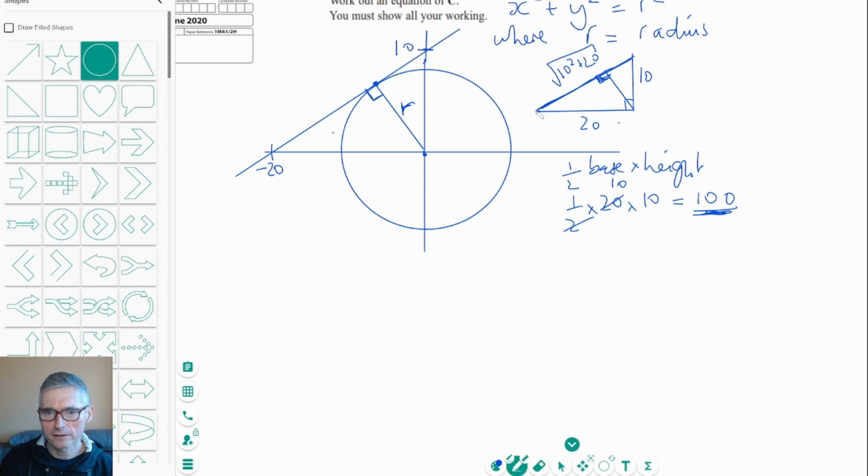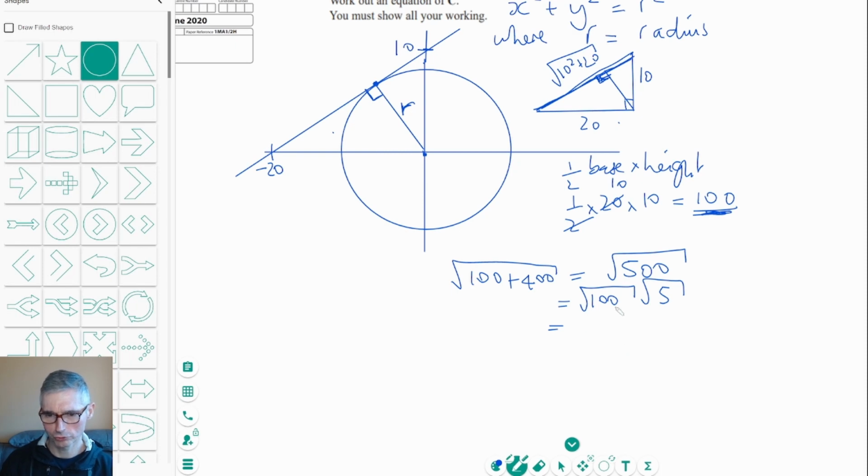So I've got the square root of 100, which is the 10 squared, plus 400, which is equal to root 500. I'm going to simplify that a little using surd knowledge. That's root 100 times root 5, and root 100 is just 10. So it becomes 10 root 5, which is a bit easier in this form.